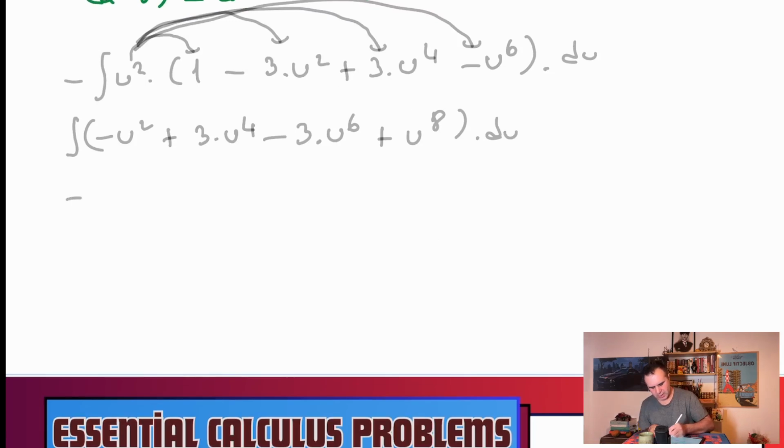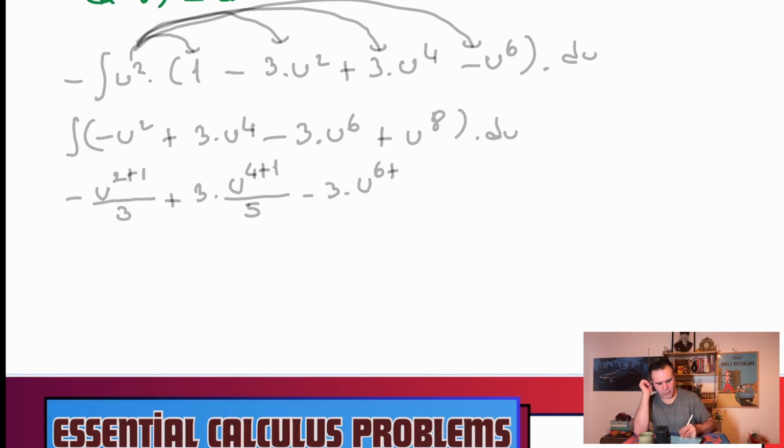For u square, we add 1 to the exponent and it becomes 3, divided by 3. For u to the power of 4, we add 1 and it becomes 5, divided by 5. For u to the power of 6, we add 1 to the exponent, it is 7, we divide by 7. And for u to the power of 8, the exponent will become 9, divided by 9.